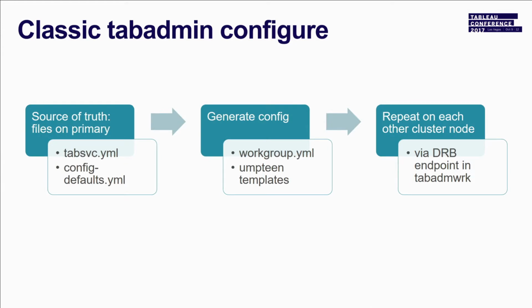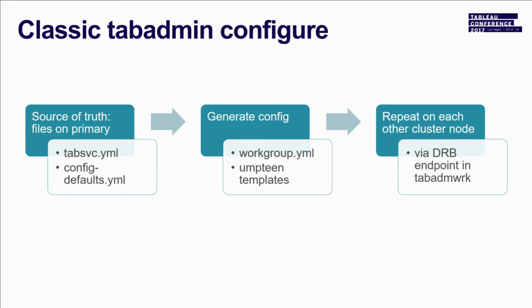It's relatively simple, and the flow for how configuration gets from the entry point out to server is relatively simple. So the source of truth is config files on the primary node of server. Those are tabsvc.yaml, which has all of your user settings, configdefaults.yaml, which are all the defaults that Tableau ships with.